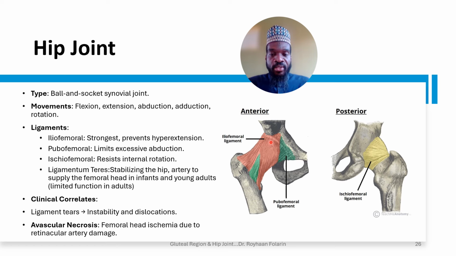You will see them running from the three different bones that make up the hip bone to the femur. So you have the one running from the ilium, the iliac part of the pelvic bone, to the femur, referred to as the iliofemoral ligament, and that's actually the strongest.